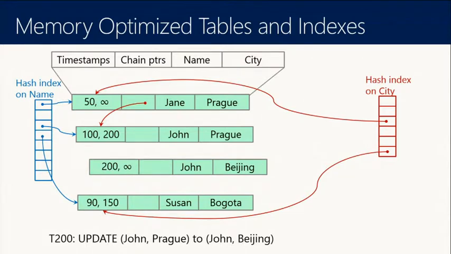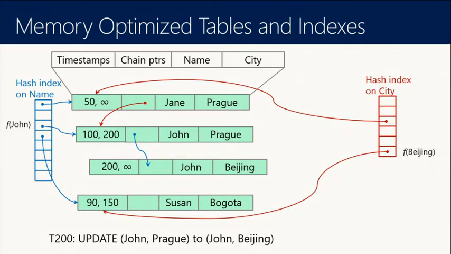And I insert a new row saying that as of time 200, John Beijing is the valid version of this row. So every new transaction that comes in will skip this row and will just look at this row. And there will be now a pointer from the old row to the new row because John still maps to the same slot in the index.